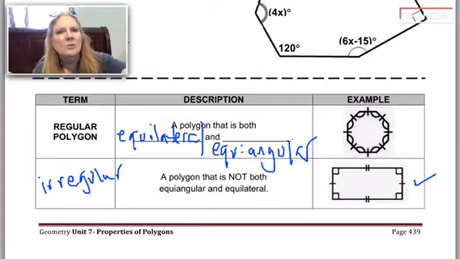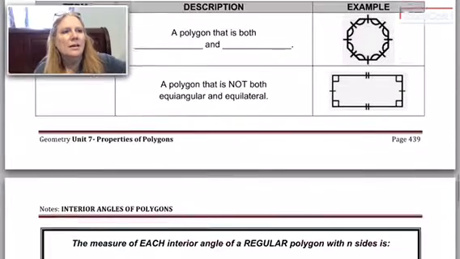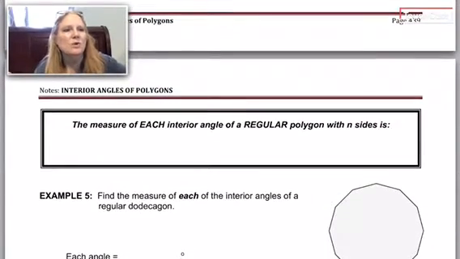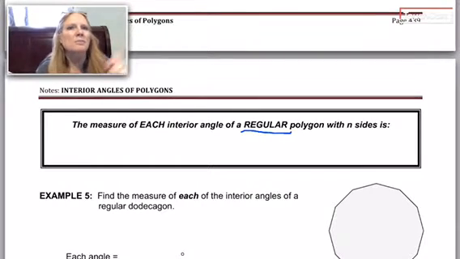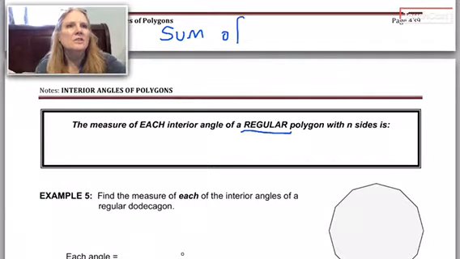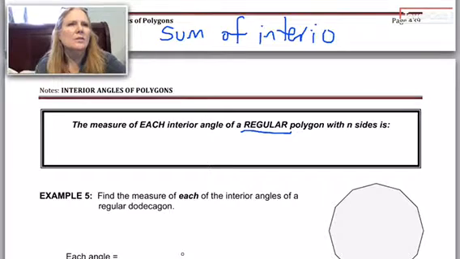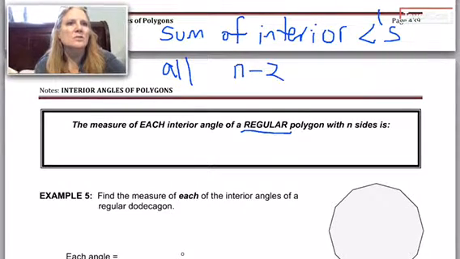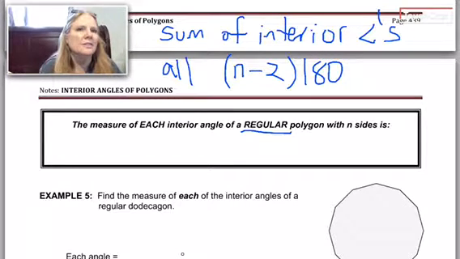So we have a property that applies to only regular polygons. We said that the sum of interior angles in all convex polygons is n minus 2 times 180, where n is the number of sides.